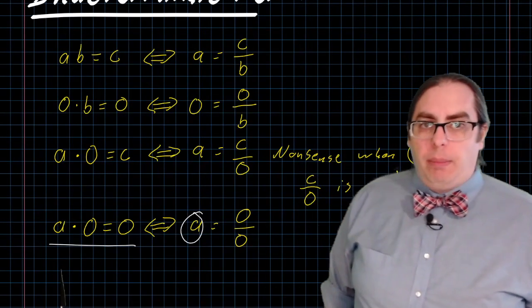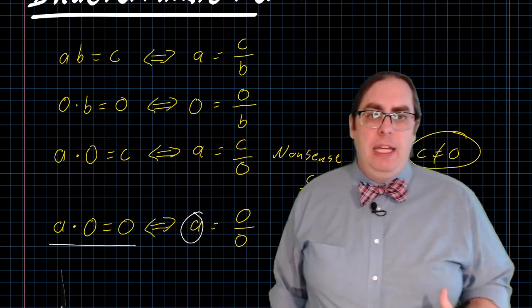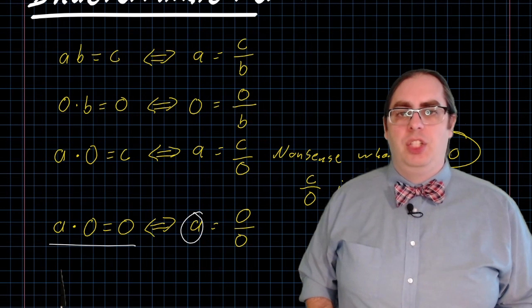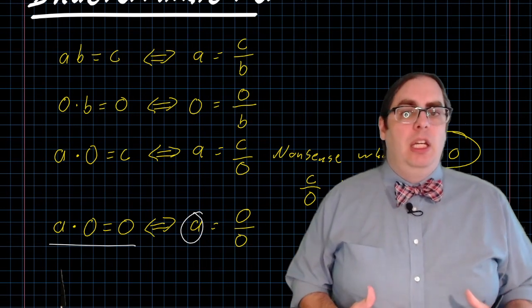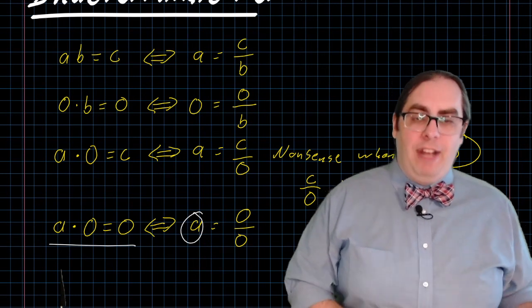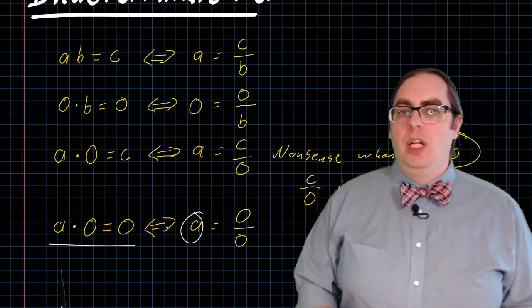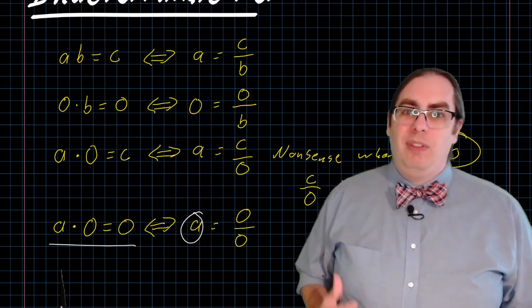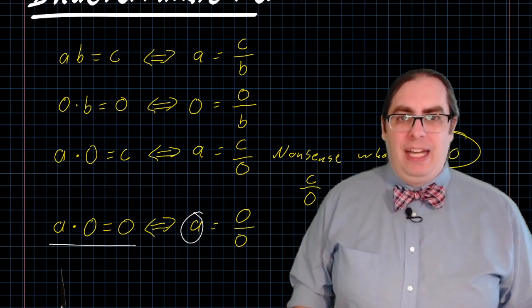That's a problem, right? You can't have any number show up when you perform a computation. It has to be deterministic. There has to be a single value that comes out of an operation. Otherwise, math kind of falls apart. 0 divided by 0 does not have that.